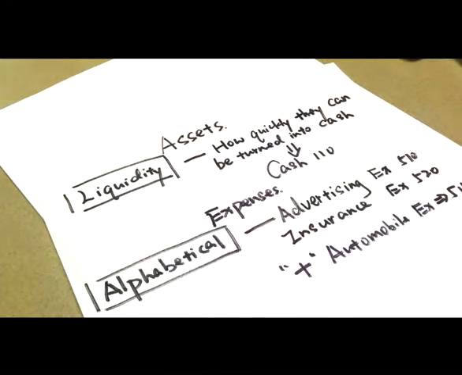Here's the thing, if you have an advertising expense 510 and a prepaid insurance expense 520, and you want to add automobile expense, what number should we write? Obviously, it should be 515, because the number must be bigger than 510 and less than 520.